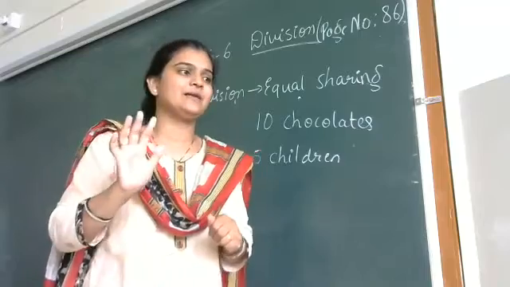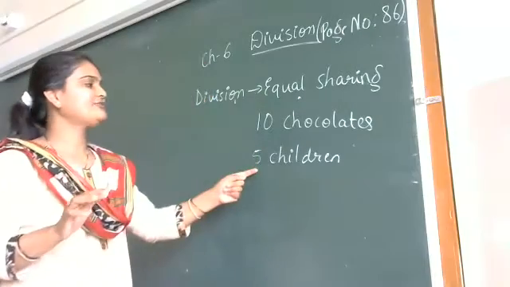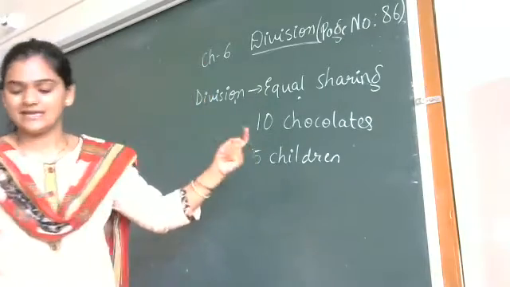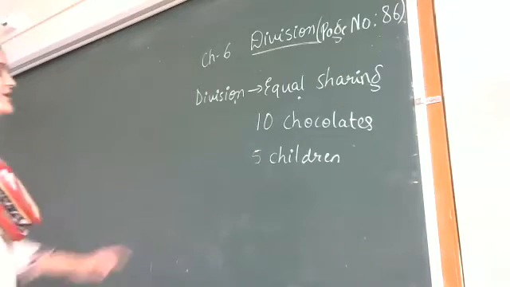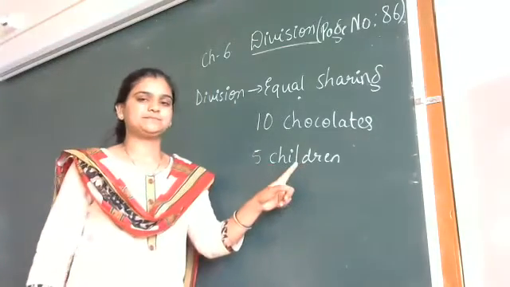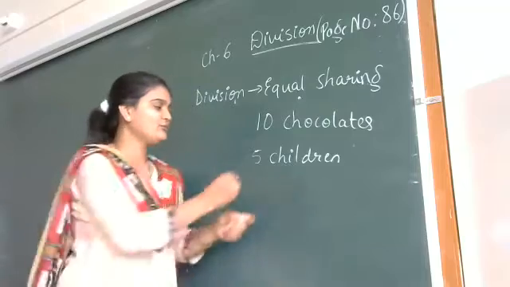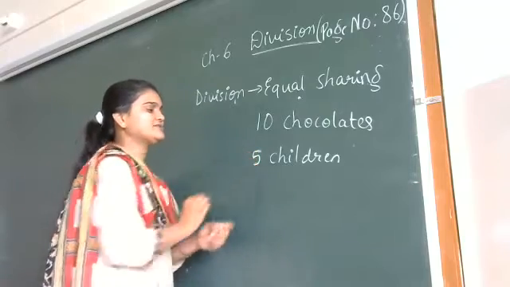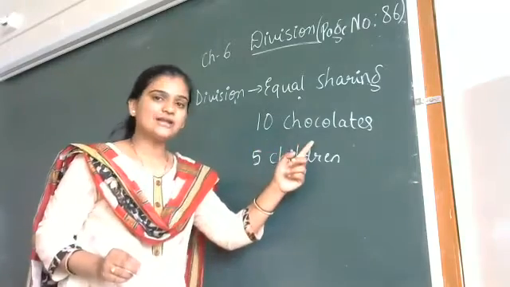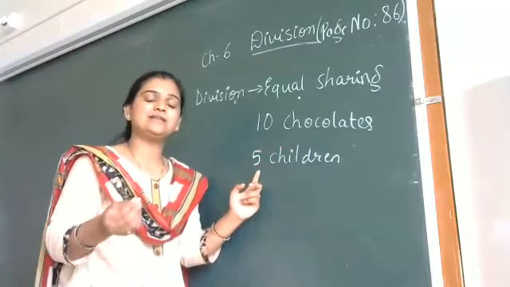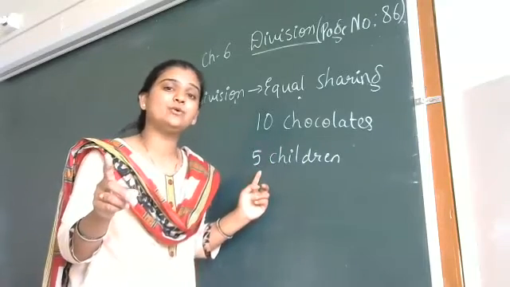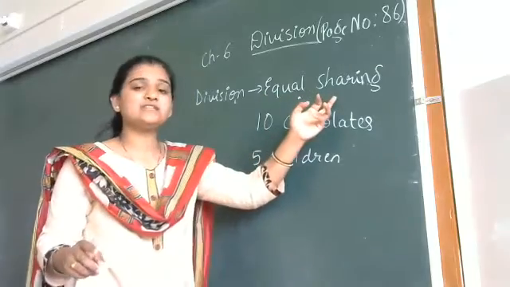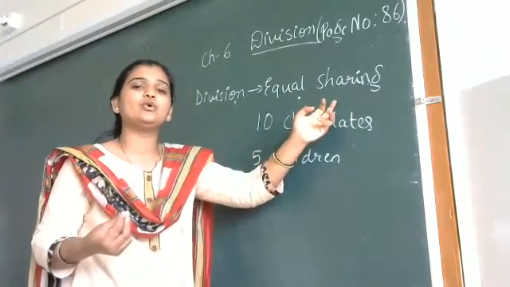There are only 5. How will you distribute equally among 5 children? There are 10 chocolates and 5 children. If you want to distribute it equally, if you want to share it, how will you do it?